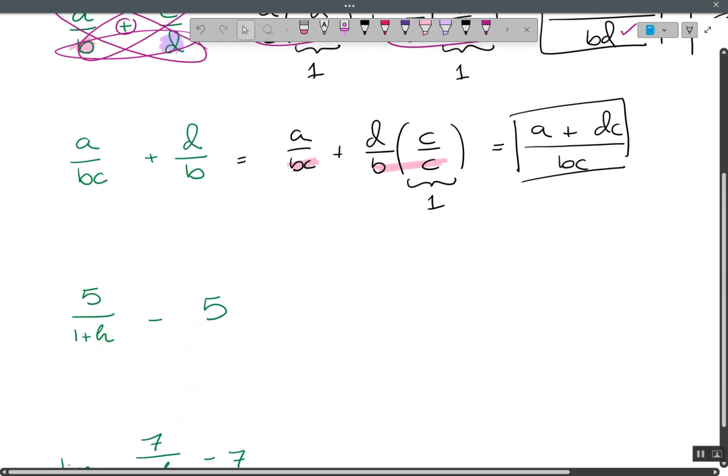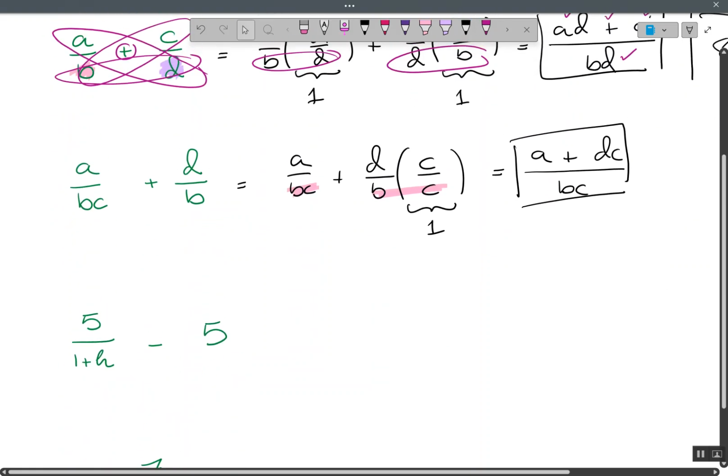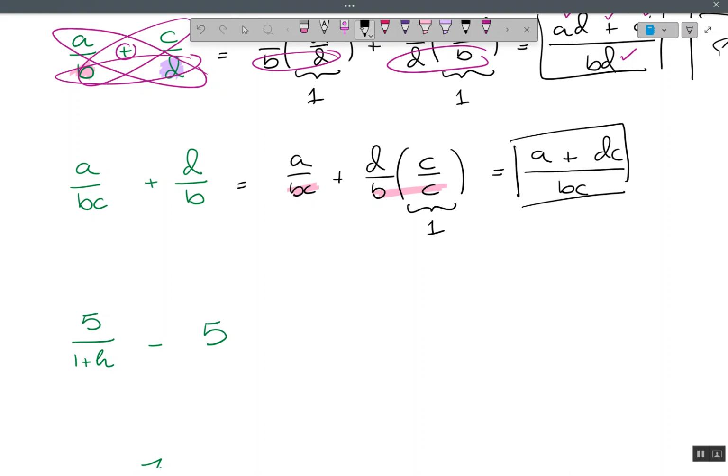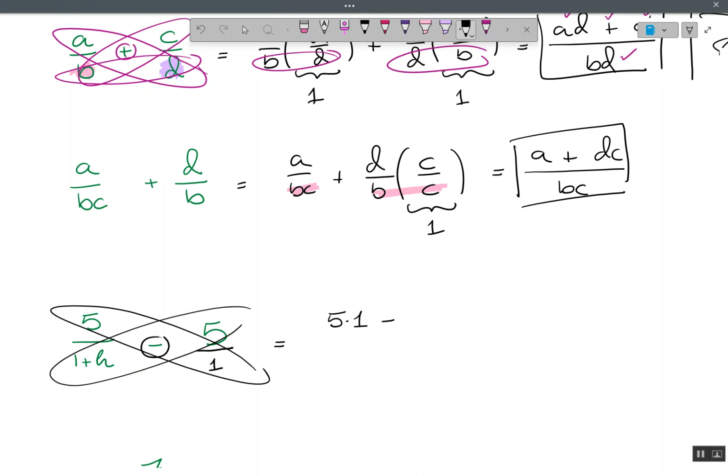Okay, now let's add these two things together. So in this situation, we can consider this 5 as a 5 over 1, and then just do the butterfly method. So we've got 5 times 1 minus 5 times 1 plus h, of course in parentheses there, all over the product of the denominators.